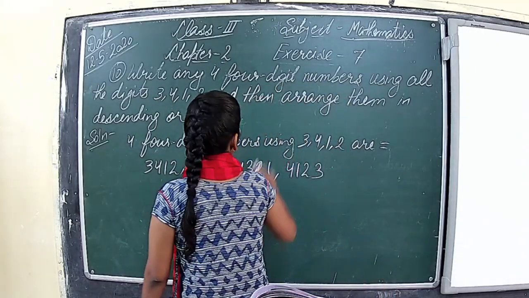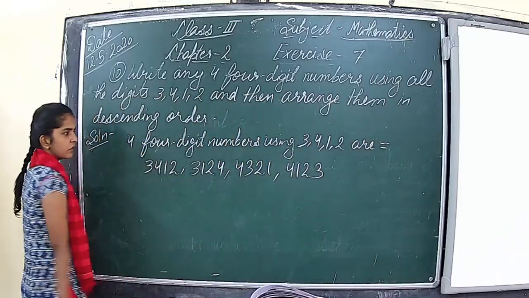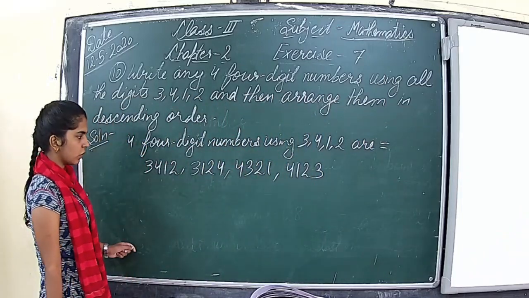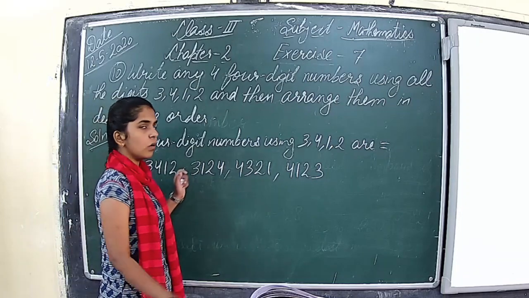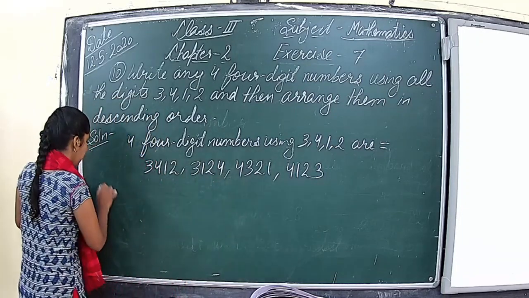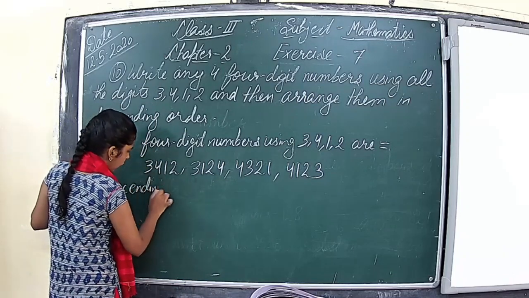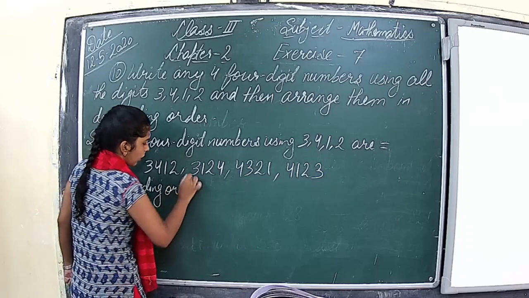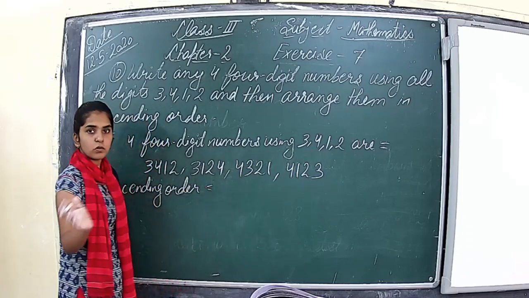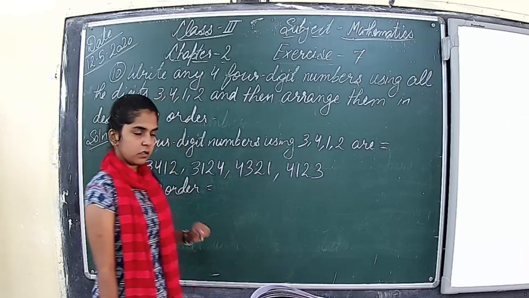After that, what is the question? Then arrange them in descending order. I form 4-digit numbers, okay? Now I have to arrange these numbers in descending order. So descending order means greatest to smallest. So which number is greatest here?